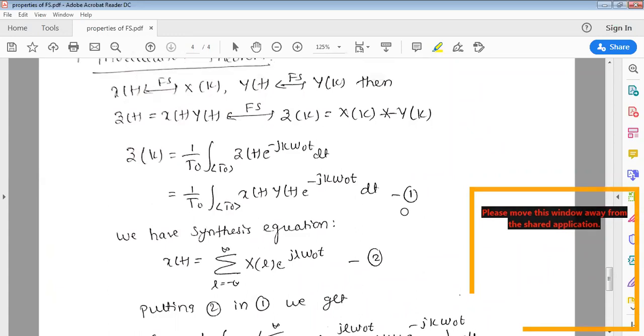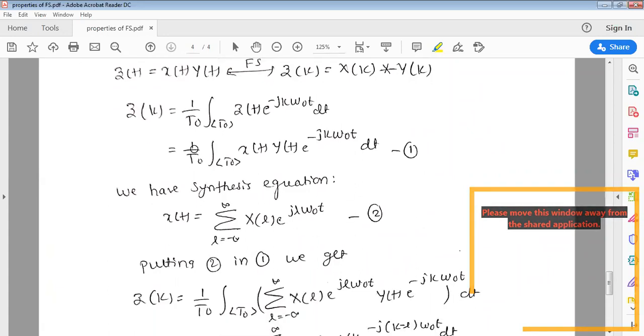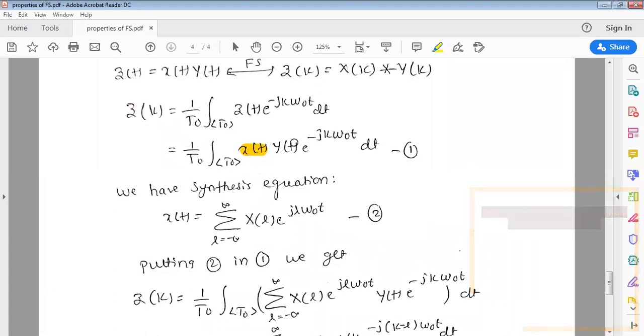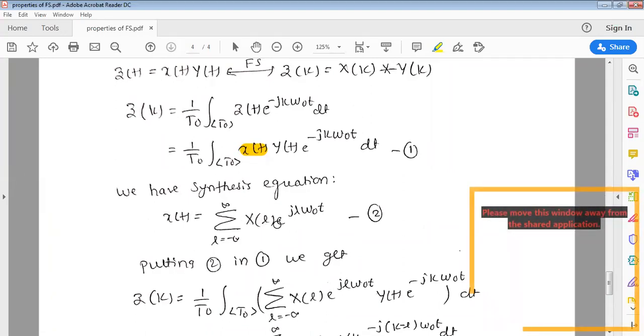But what is your synthesis equation? So 1 by T naught I'll retain. What is your x of t? x of t is rewritten as summation x of L, where x of L are the Fourier series coefficients, into e power j L omega naught t. So for x of t, I am replacing x of t by its equivalent synthesis equation.